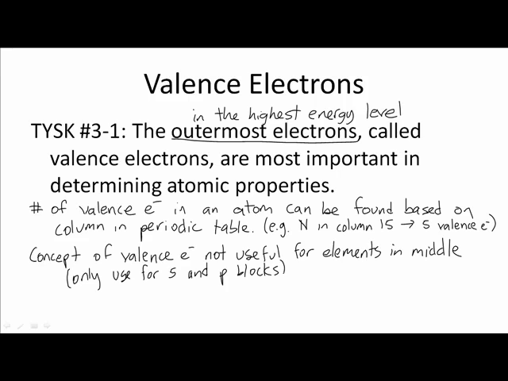And because we only use it for the S and P blocks, and because there's only 8 columns in the S and P blocks, the most valence electrons an atom can have is 8. Because once you filled up the S and the P on a certain energy level, you then go to a higher energy level before you fill up the D and the F. So the maximum number of valence electrons in an atom is 8.